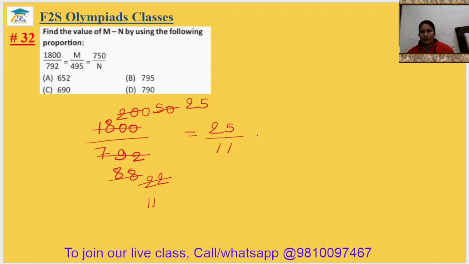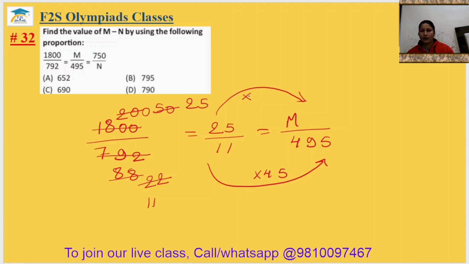And 25 by 11 is equal to m by 495. 11 multiplied by 45 equals 495. So 25 multiplied by 45 will be m. So m equals 1125. Again, look, 25 by 11 equals 750 by n.